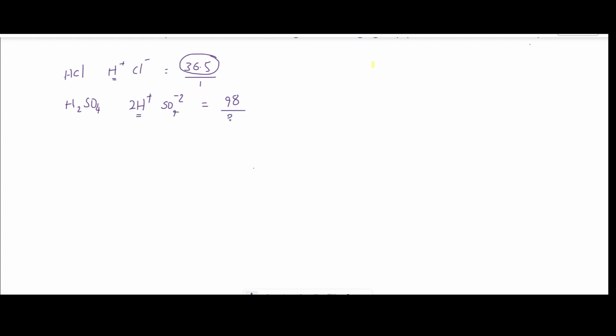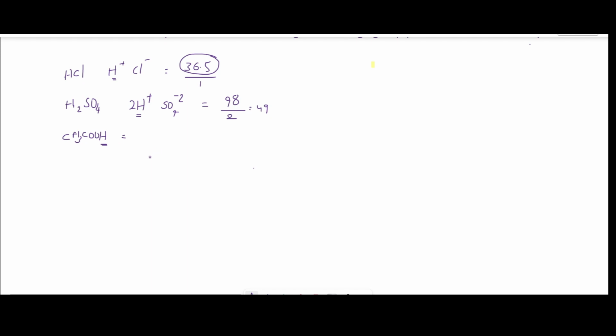Here replaceable is 2, so you'll get 49 for H2SO4. In the same way, CH3COOH, acetic acid. Here also you will have only one H plus ion that can be replaceable. So equivalent weight and molecular weight of acetic acid will be the same.